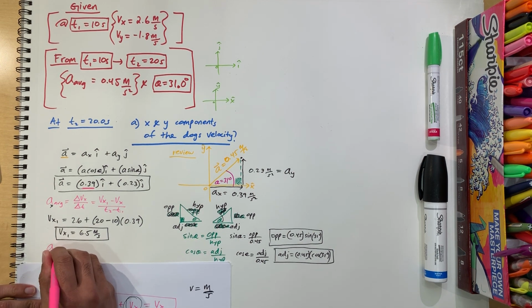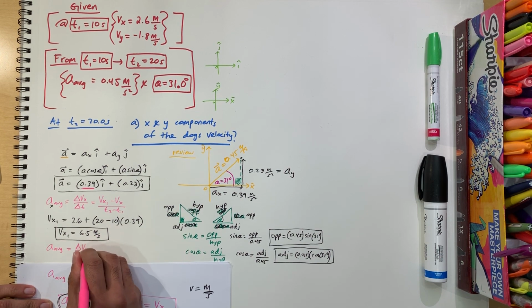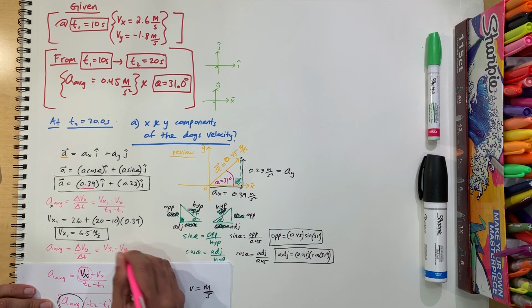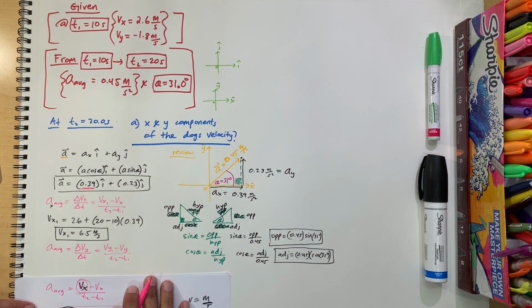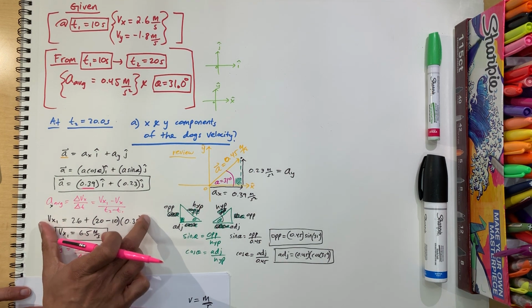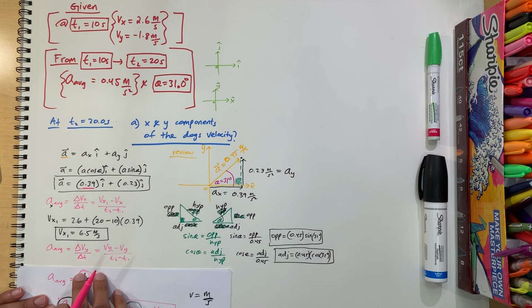We got average acceleration is gonna equal the change in velocity in the y over the change in time, which is equal to the velocity y1 minus velocity y over t2 minus t1. Okay, so again, we're gonna end up with the same formula once we solve it.